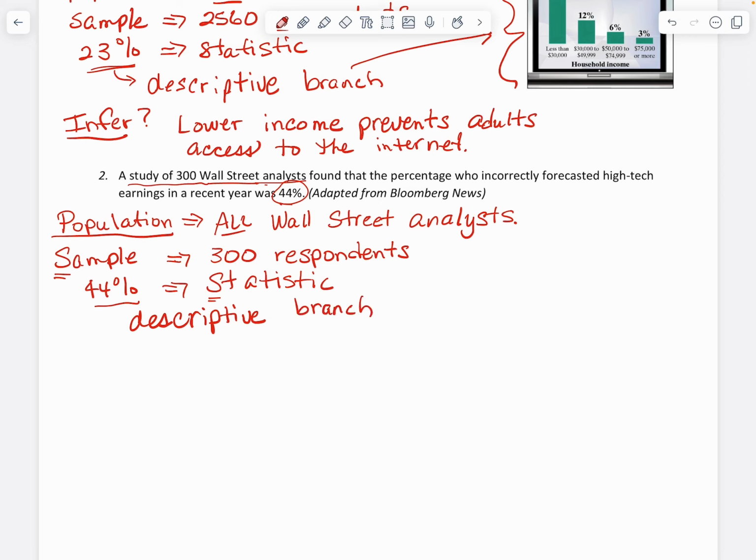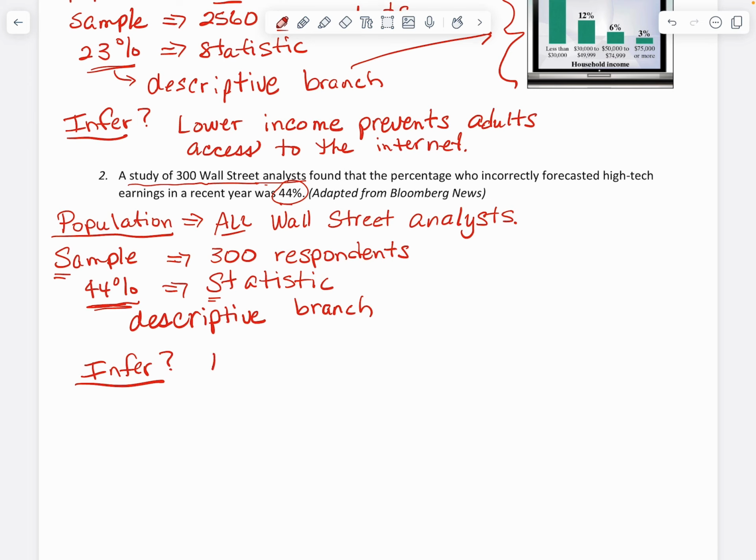Okay. So what might we infer in this case? Again, there may not be any right or wrong answers here. It's just what you personally would like to infer or could infer. In this case, since this number is 44%, that's almost half of the analysts incorrectly forecasting it.